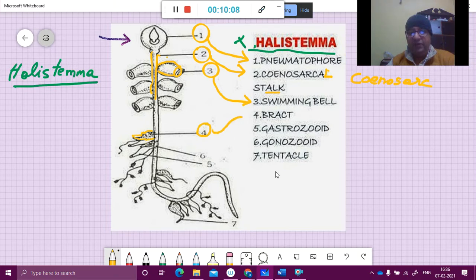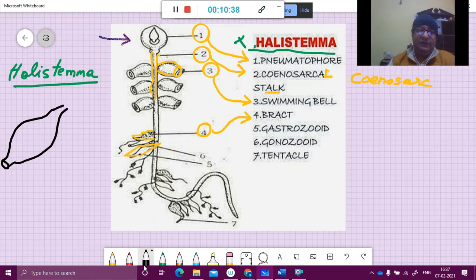This number 4 is known as bract. Number 5 is a strange structure. Basically, if I draw this structure, they look more like this. They are the gonozooids.